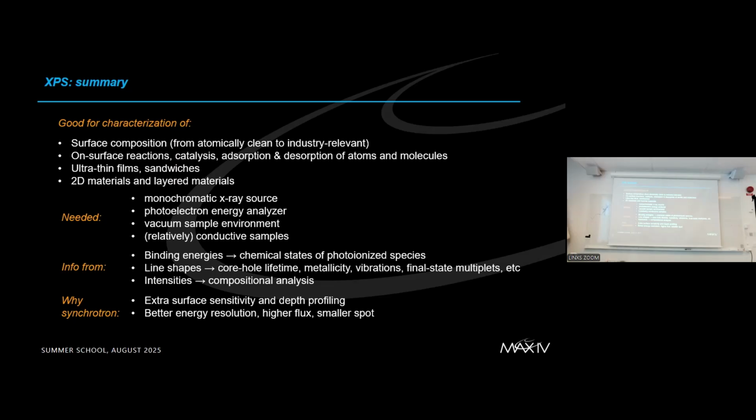But since we are using this photon in, electron out technique, electrons cannot travel very long distances. They immediately lose their energy because of these secondary scattering processes. And that's why the typical information depth for primary electrons is between half a nanometer and maybe 2-3 nanometers.